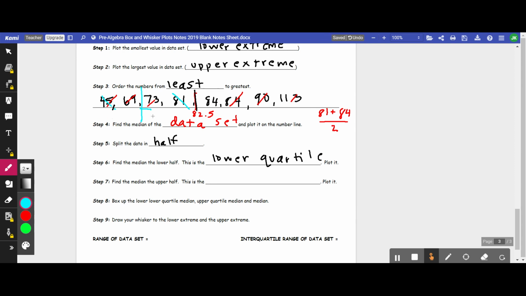So you'll want to average the 69 and the 73, kind of like we did with these two here. So you can add those together and then divide by 2 again to get the lower quartile. So if you do that, then you'll get 71 for your lower quartile. And then you can graph this on your number line, the 71.